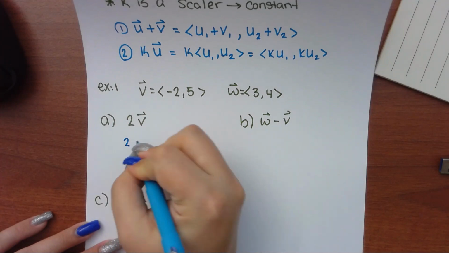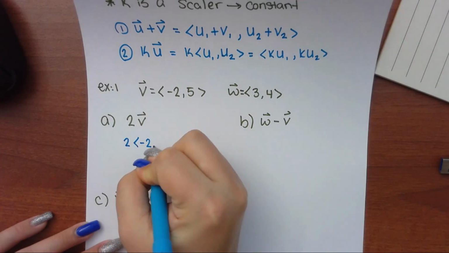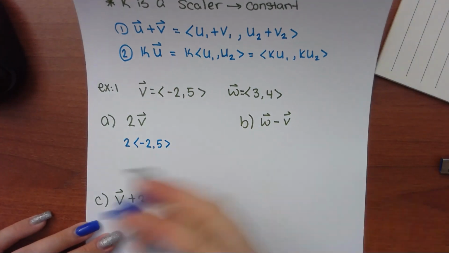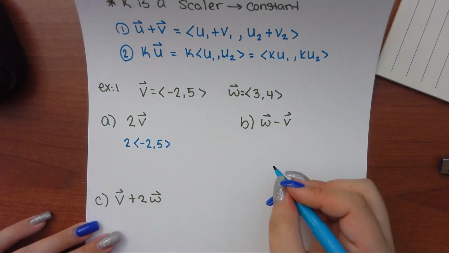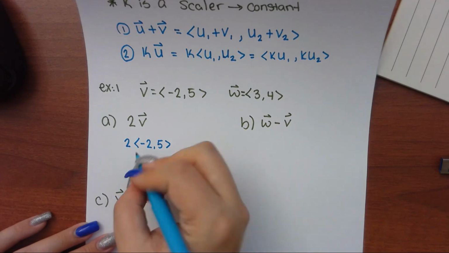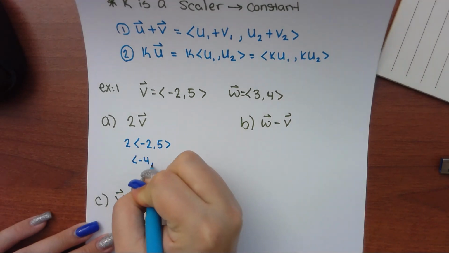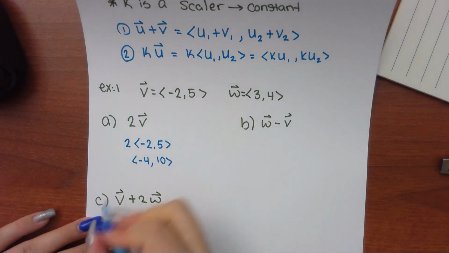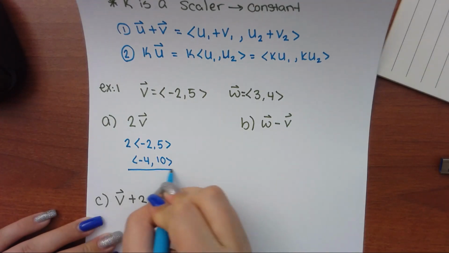Now vector v is negative 2, 5. So I literally just write it out as is, and then I multiply in the 2. So 2 times negative 2 is negative 4, and 2 times 5 is 10. Done. That would be the answer for that property.